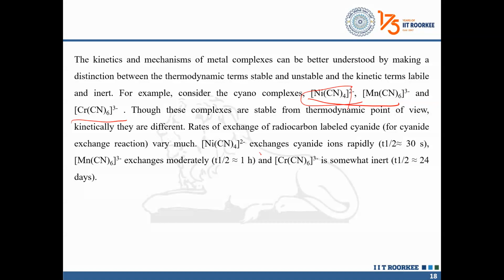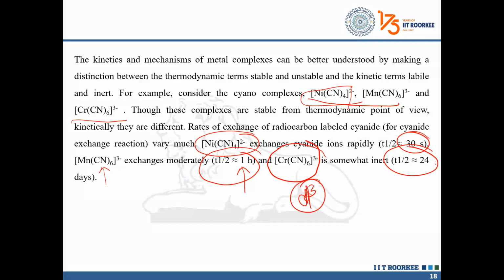If you see the half-life, it is 30 seconds only in the case of tetrahedral complexes, but in the case of the Mn tetracyano complex, it is 1 hour. But in the case of chromium, which is basically d3, it is very high, 24 days. So this complex is inert as compared to this one.